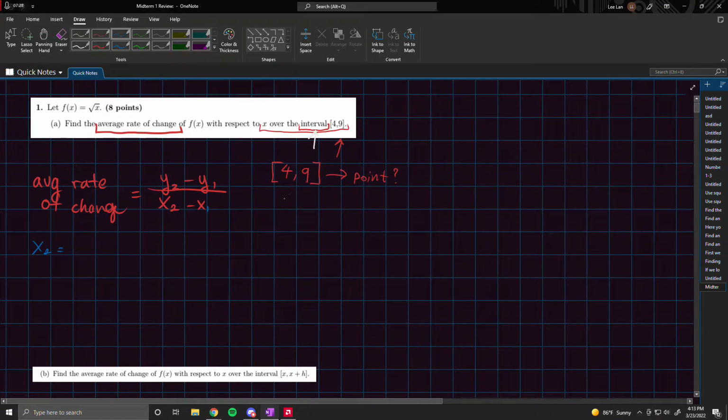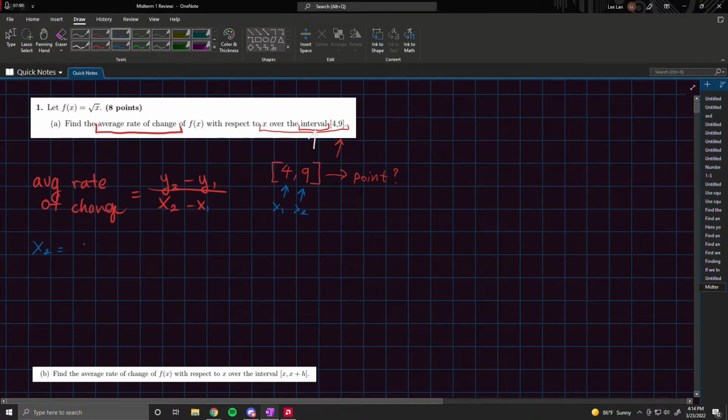So these are our x values. Let's say this one is x1, and this one is x2. It doesn't really matter which one you label, as long as you keep track of which x value corresponds to which y value. That's the only thing that really matters. It doesn't matter which one you set first, as long as you keep them consistent.